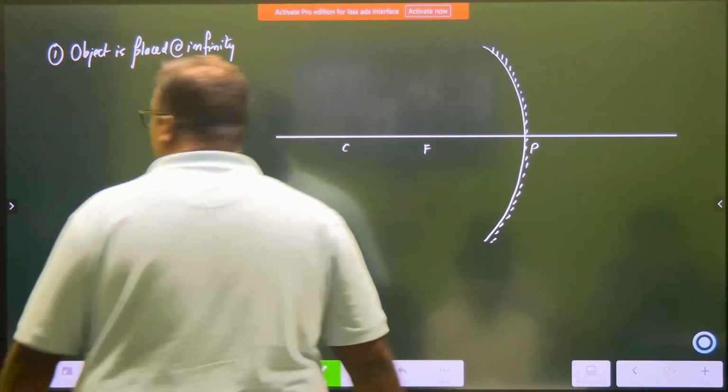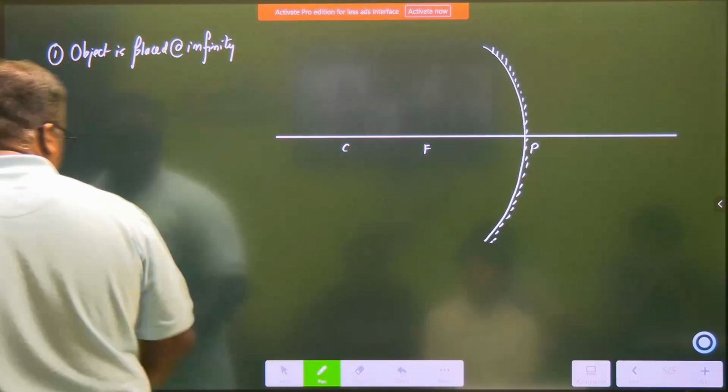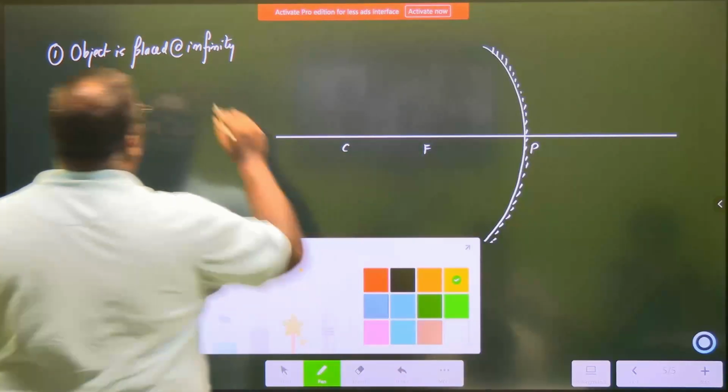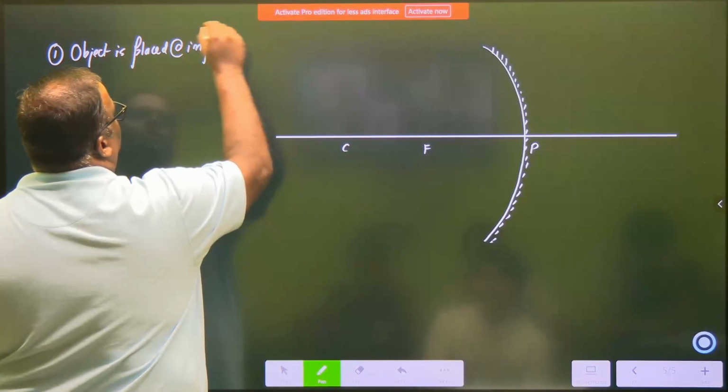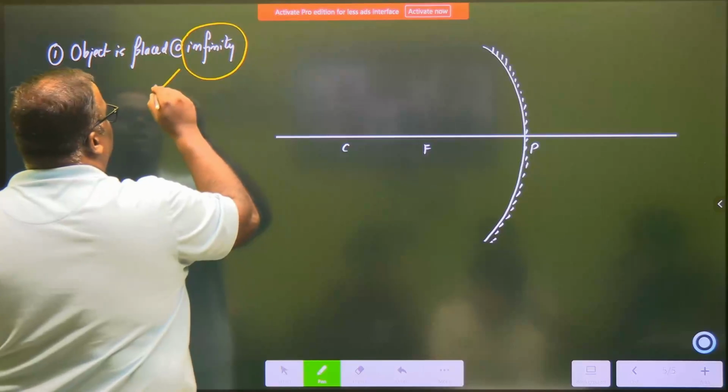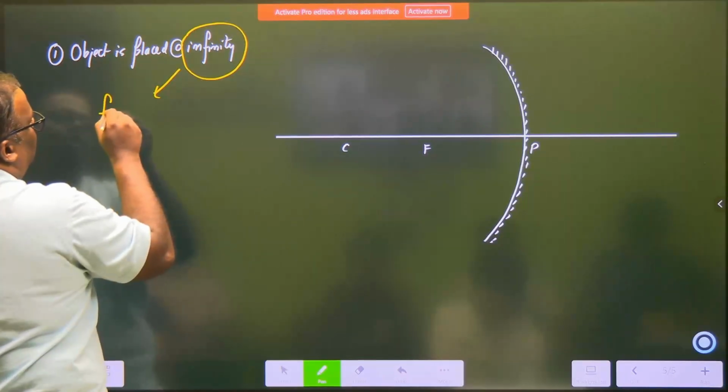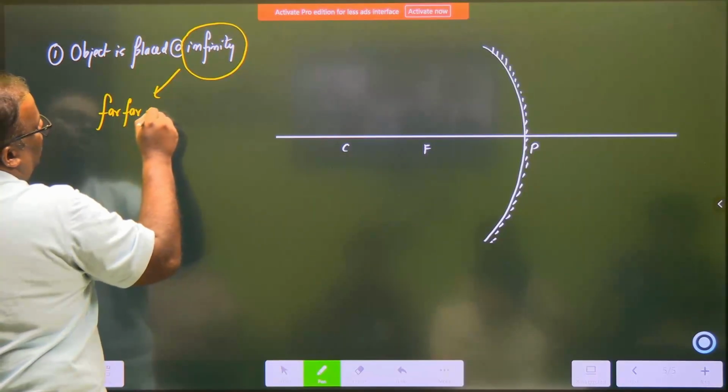So, and our object is where, beta? At infinity. Now, whenever you hear this word infinity, it is like some special thing. The special thing is infinity means far, far away.